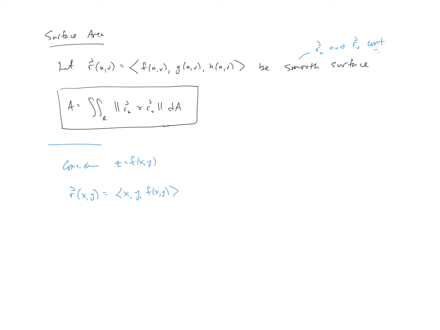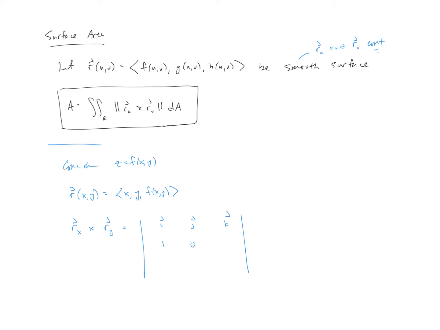So then if we use this formula right here, I want to compute the partial of r with respect to x, crossed with the partial of r with respect to y. I have my i, j, k on top, and then the partial of r with respect to x would be 1, 0, and then f sub x.